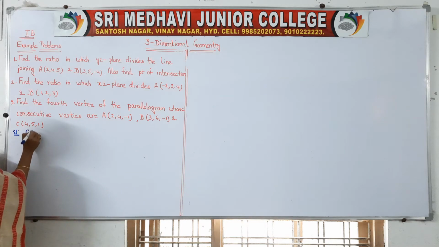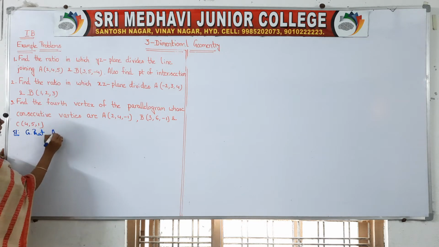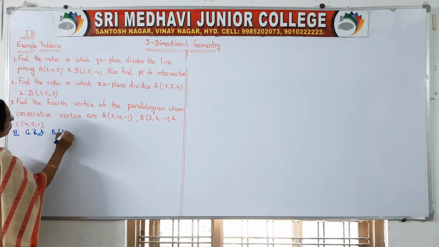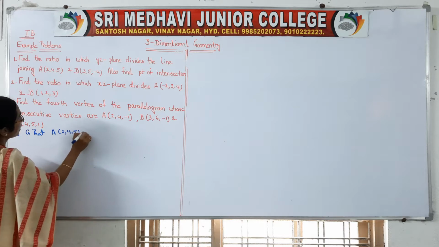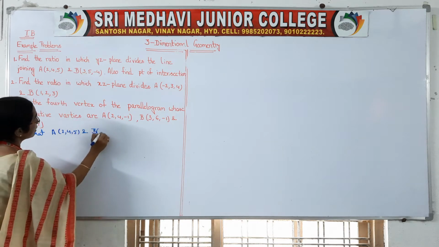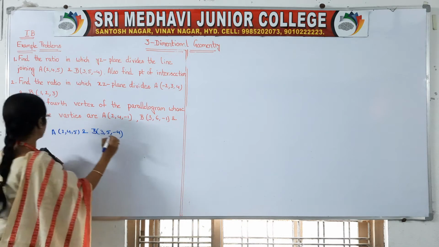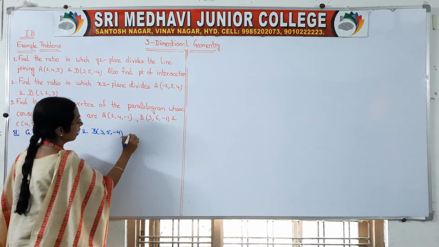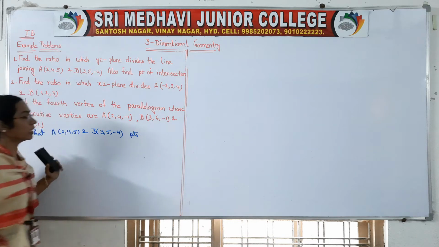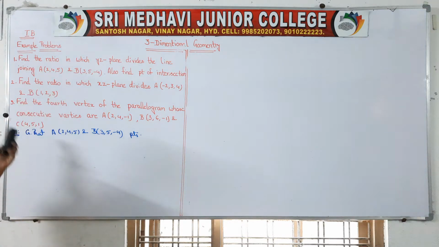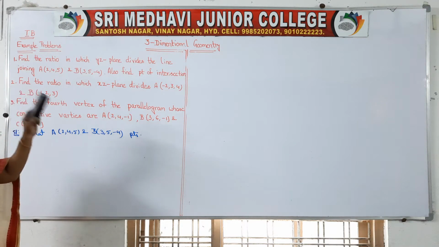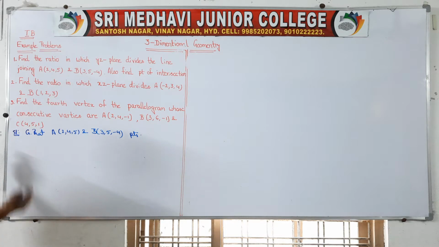So, given that point A is 2, 4, 5 and B is 3, 5, minus 4 are the given points, right? Okay, so we have to find the ratio in which YZ plane divides the line AB.